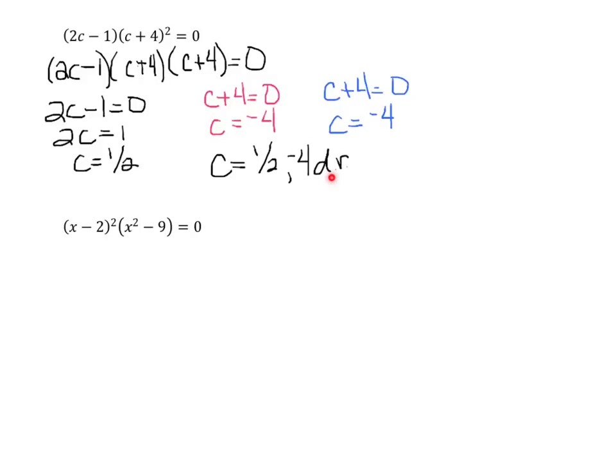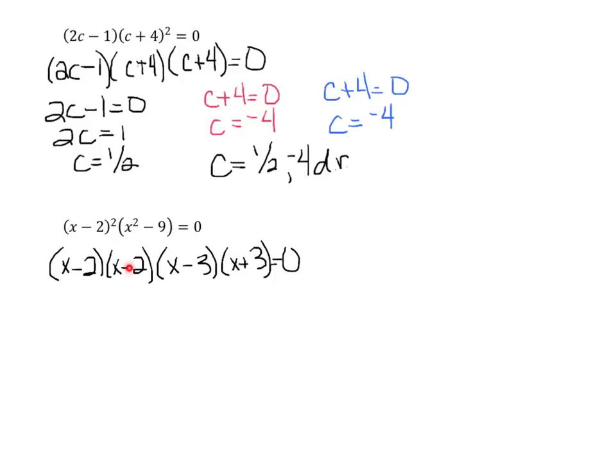Take a look at the next one. We have (x minus 2) squared, and then here, that's a difference of squares. Remember when I told you you had to know how to factor? This is why. So our difference of squares is (x minus 3)(x plus 3).